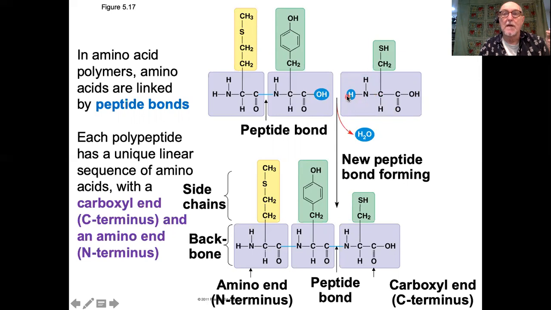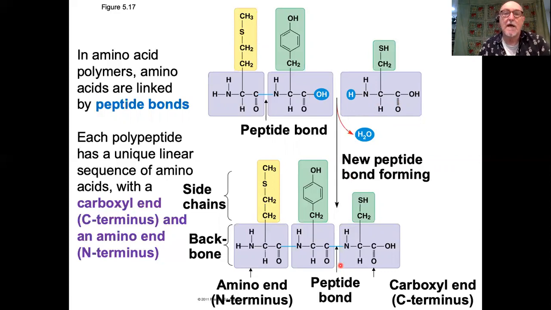There's an H, there's an OH. We take those out as water, and we end up forming a bond between that carbon and this nitrogen. That carboxyl group is now free and available for another amino acid to be added if need be. We formed a bond between the carbon and the nitrogen, and that is called a peptide bond. It is a peptide bond.